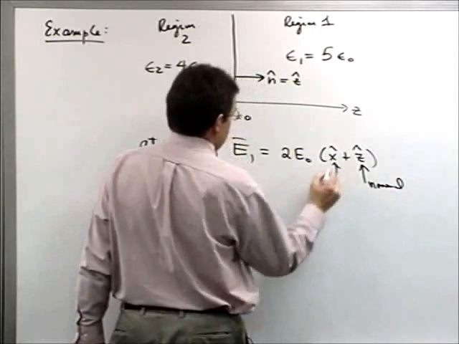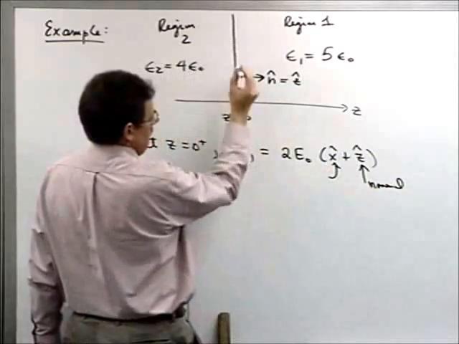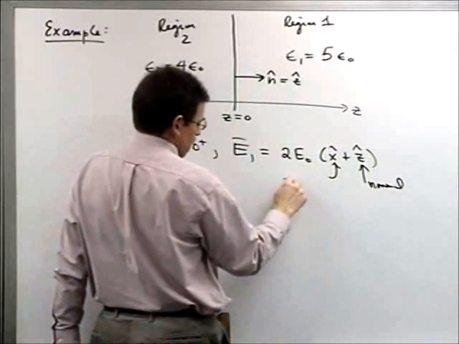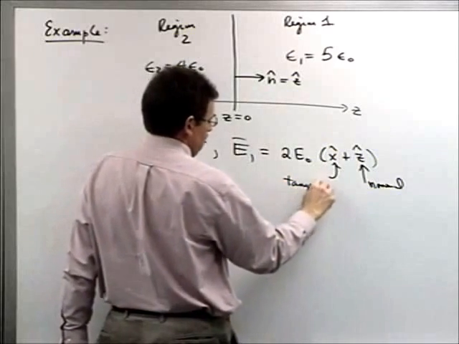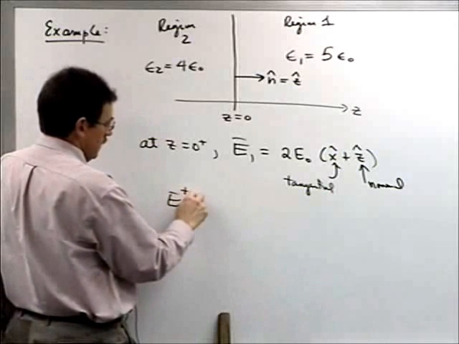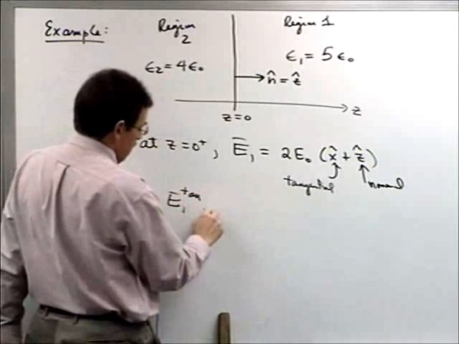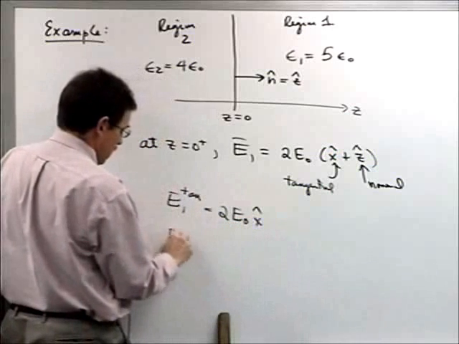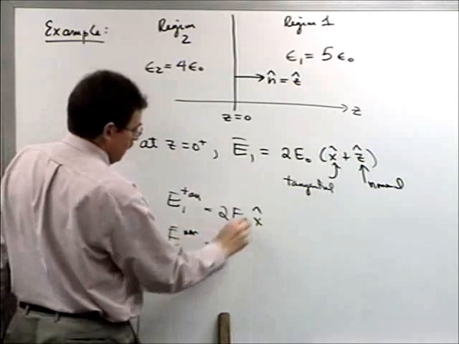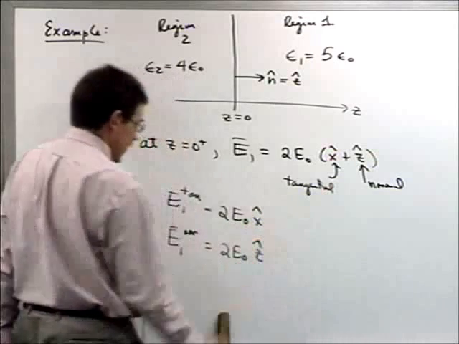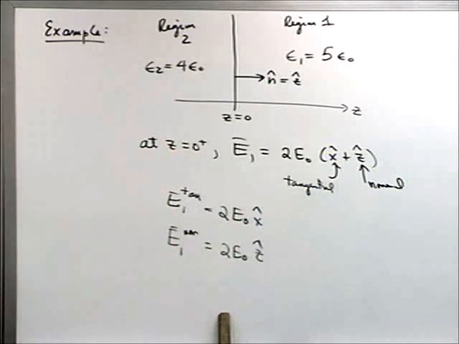The x component is running parallel to the plane here, so that's what we mean by tangential. So in this example, we can separate this into E1 tan equals 2 E0 x hat, and E1 normal equals 2 E0 z hat. Okay.